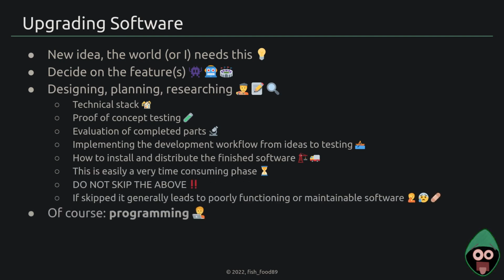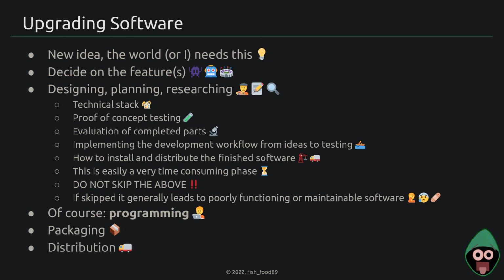And it may include considerable amounts of programming for the upgrade to be completed, all depending on how big the changes are that you are going to make. So just like software is under development when it is first created, so are upgrades under development when they are being created.